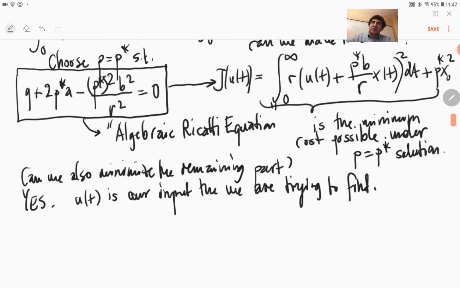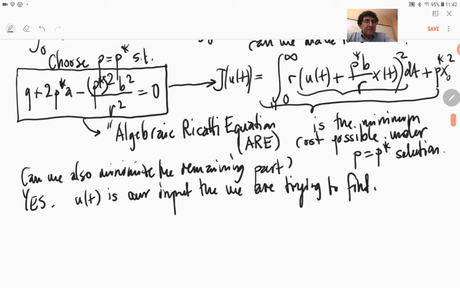So in order to minimize the function, we can also deal with this part and try to make that equal to 0. By the way, this algebraic Riccati equation is often shortened to ARE.